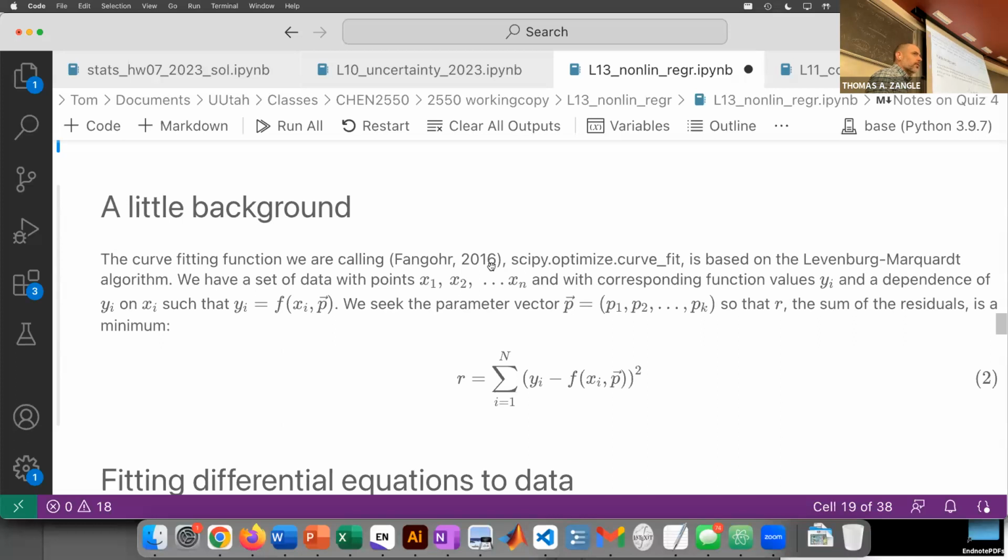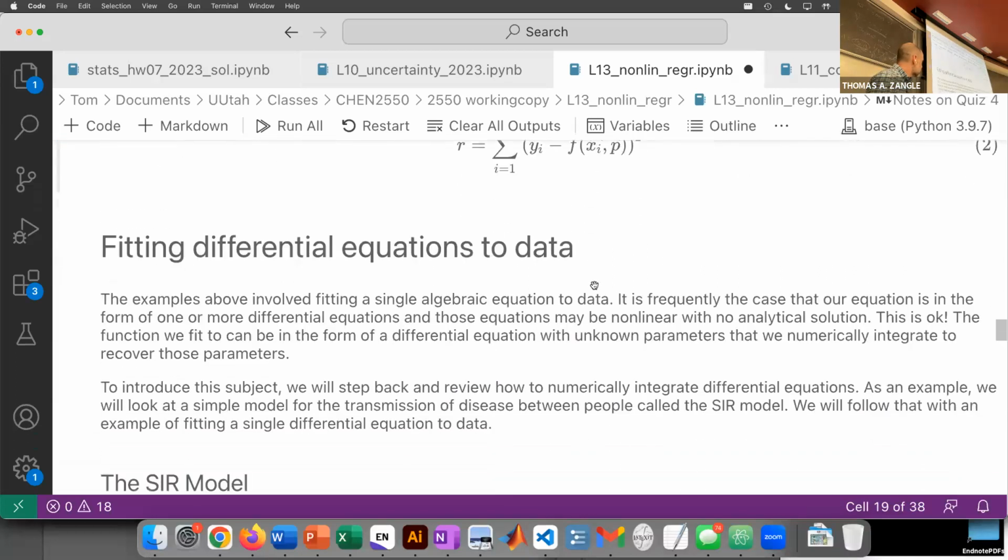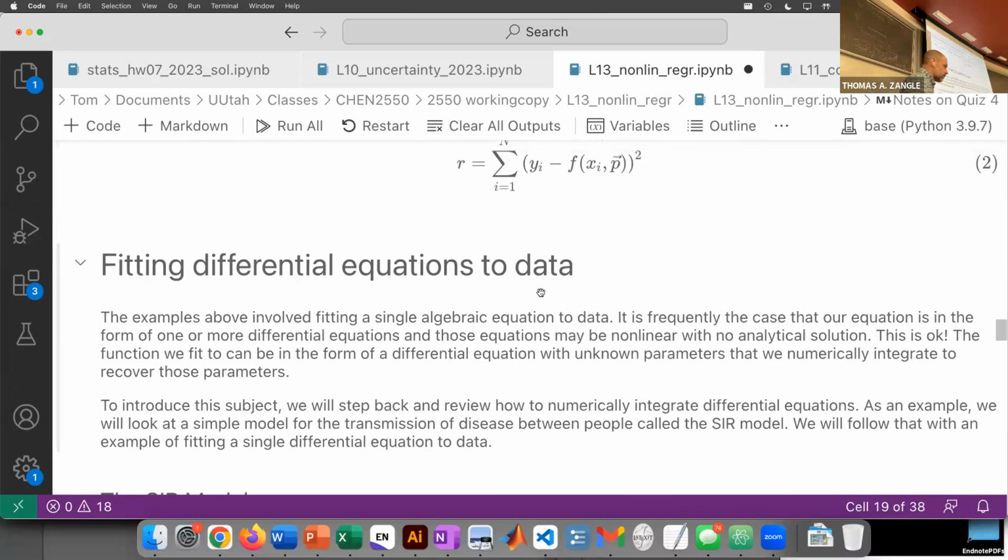This is really a lot more of a practical introduction to nonlinear regression. So one of the features of nonlinear regression: if you remember up at the start of this lecture, I said that we had to define a function which relates our input, our x, to the output in terms of some number of parameters.